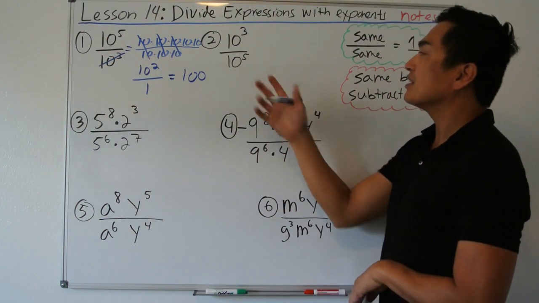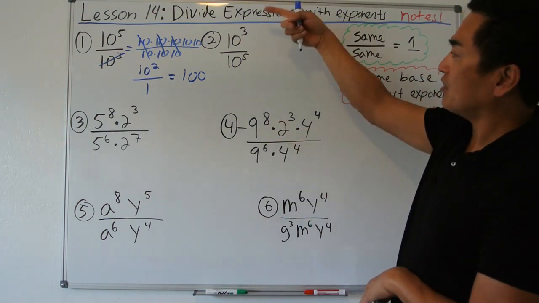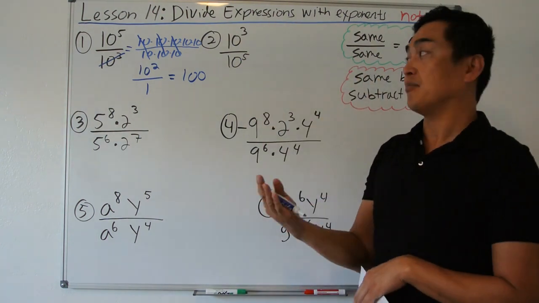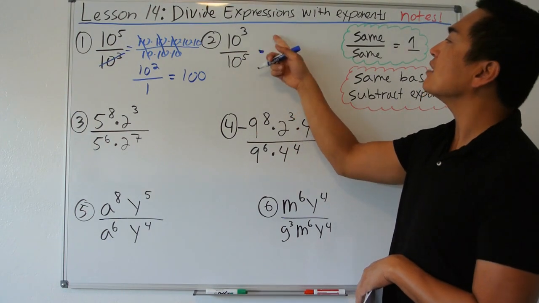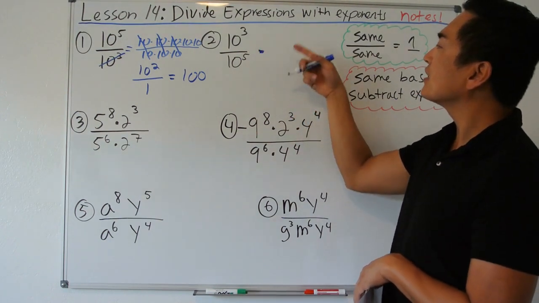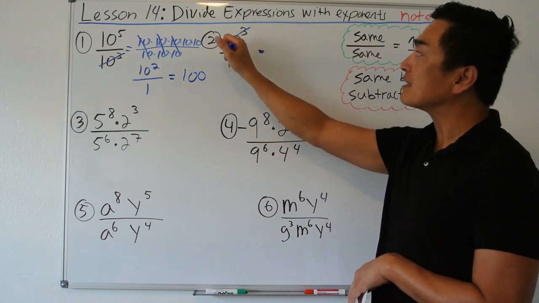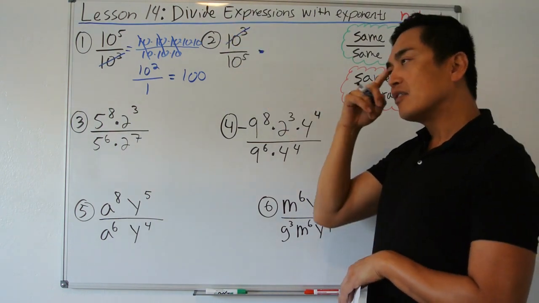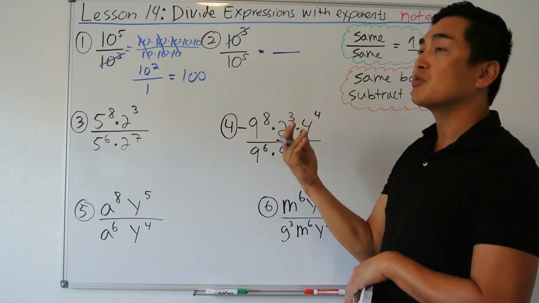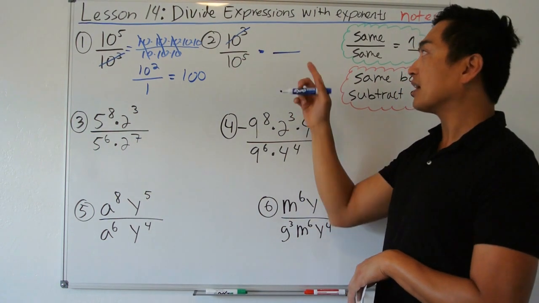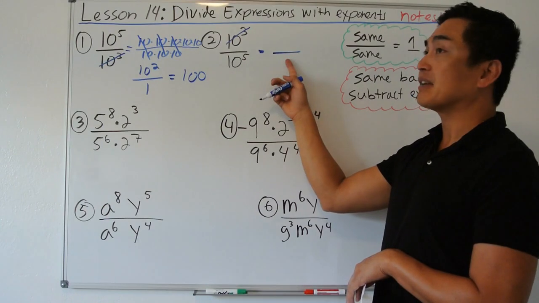Here's another example, but this one's in reverse. There are more 10s on the bottom. So instead of doing 10 times 10 times 10, 10 times 10 times 10, and canceling, you realize there's more 10s on the bottom. This one is gone because there's less 10s, and then you have to subtract the exponent. I'm going to pause for a second. Make sure you write down the fraction line first.